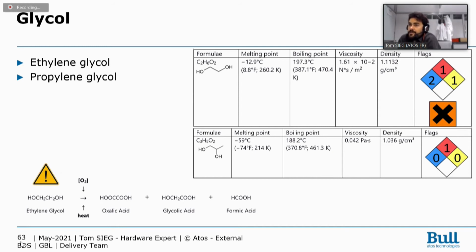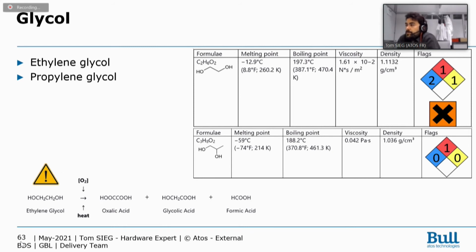The main risk of glycol, ethylene glycol or propylene glycol, is for health itself. If you have some glycol on your hand, for example, be careful because it will become acid and attack your skin. So if you are exposed directly to glycol, you have to wash your hand as quickly as possible to prevent any damage.